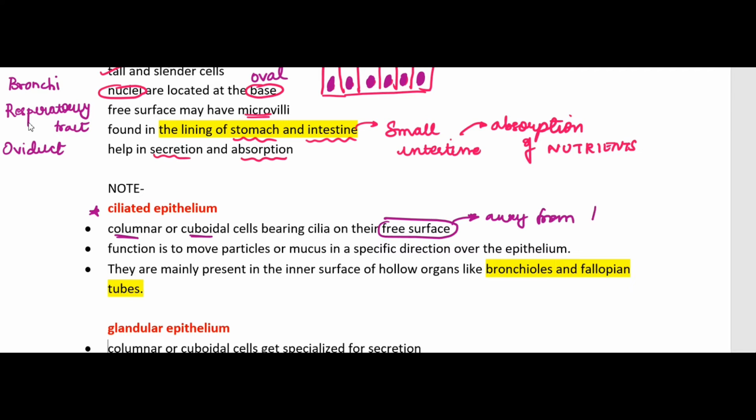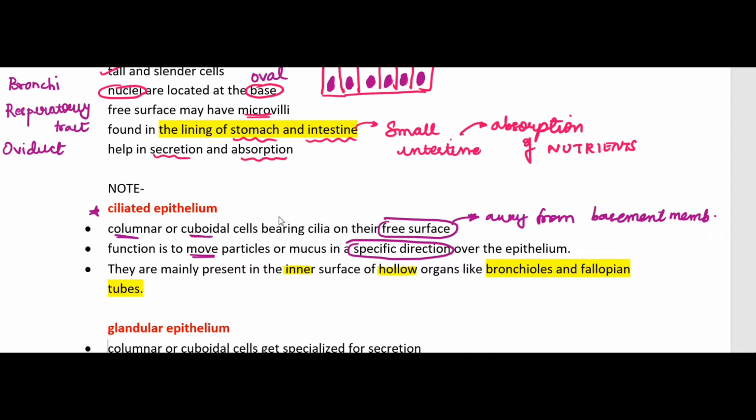That is, by free surface we mean away from the basement membrane. So the main function of cilia is to move the particles or mucus in a particular direction over the epithelium. They are mainly found in inner surface of hollow organs like bronchioles and fallopian tubes.